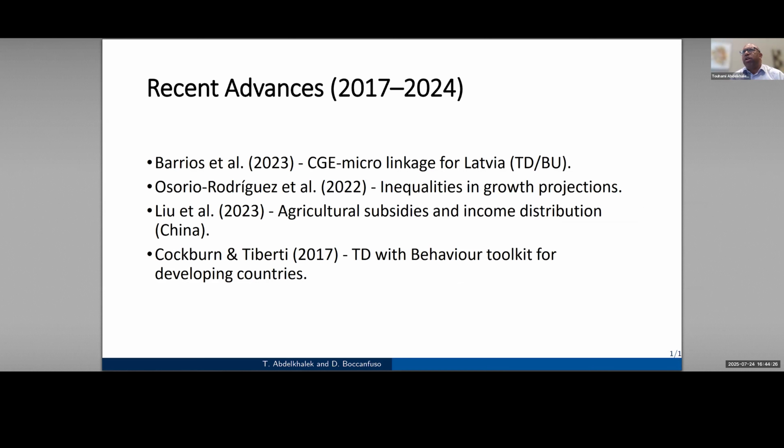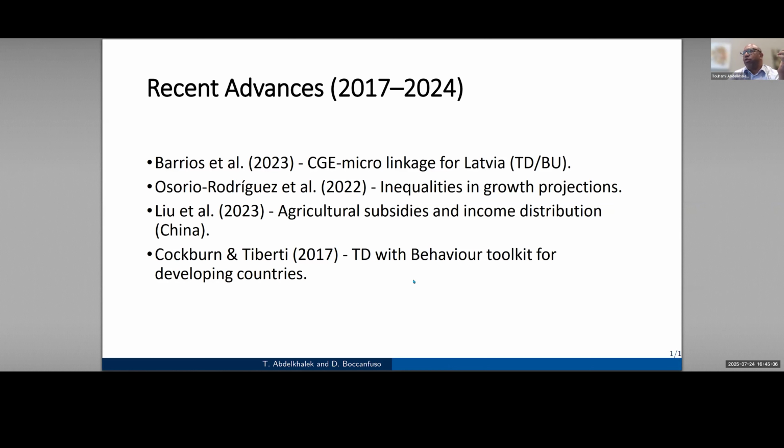I think there are more advanced or recent papers from the past few years, and they may be more accurate for some of you. If you are looking for a presentation on this, there are some toolkits and manuals prepared by our colleagues John Cockburn and Luca Tiberti from the PEP network, for the top-down approach with behavior.